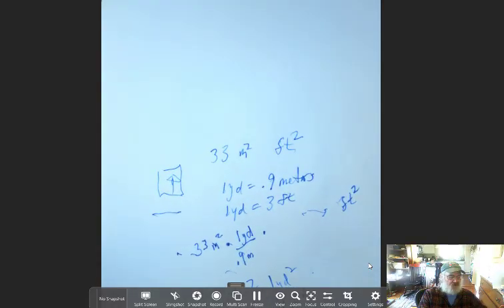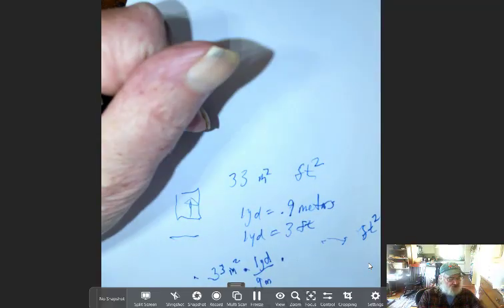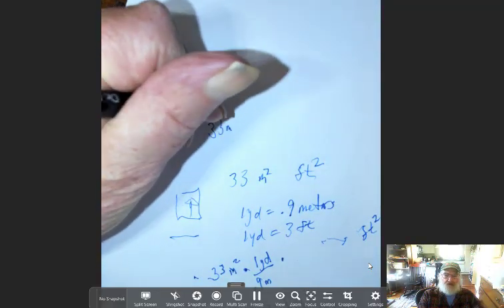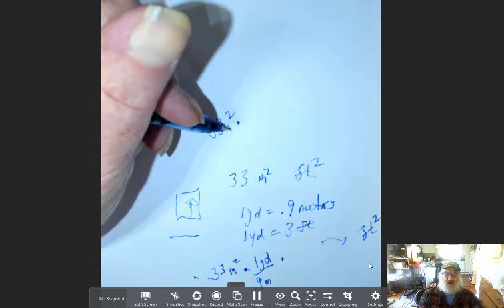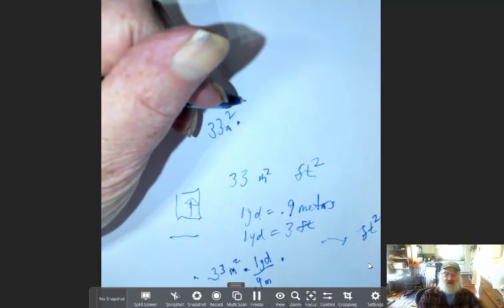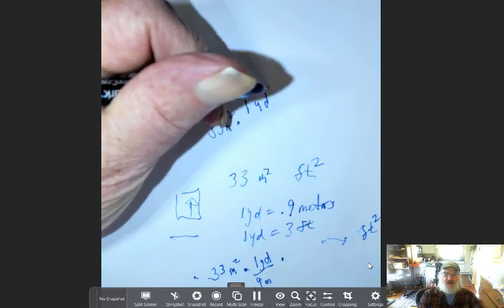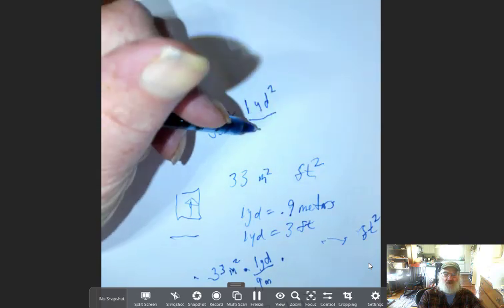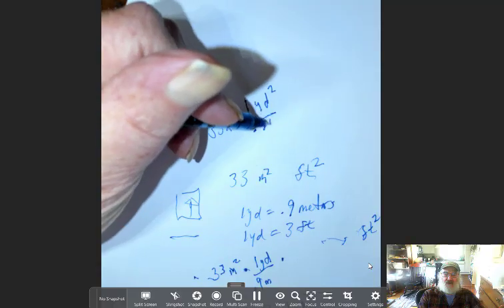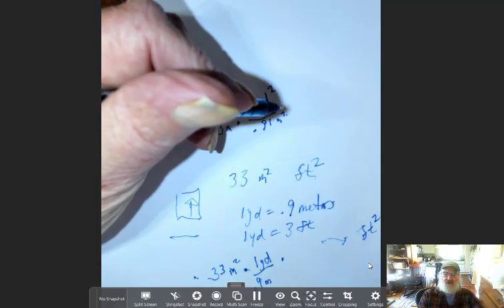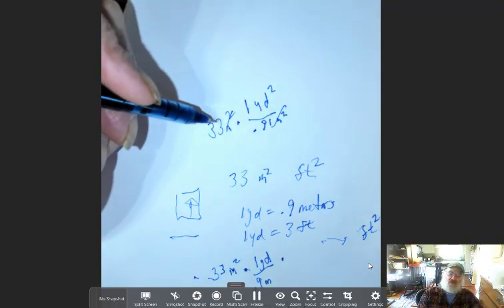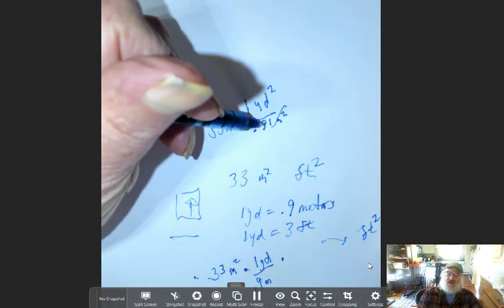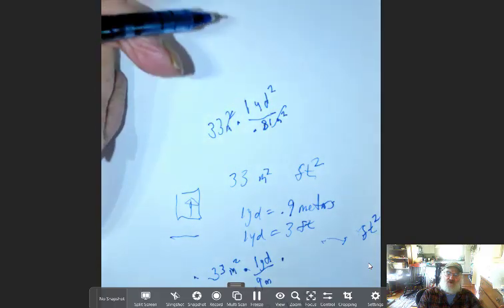Right now we have 33 meters squared times, that's in the numerator, so we want the denominator 1 yard squared over 0.81 meters squared. So these cancel. So now we have square yards.